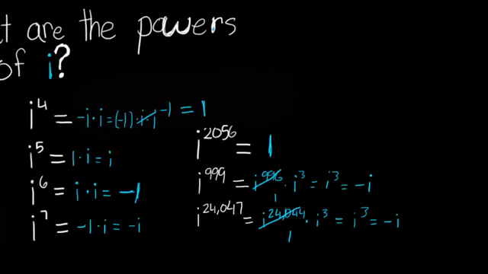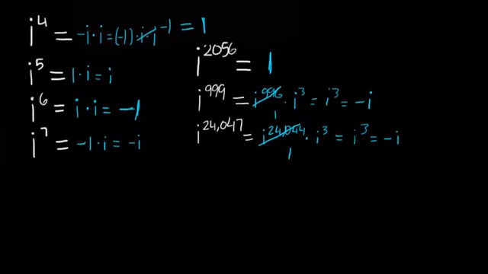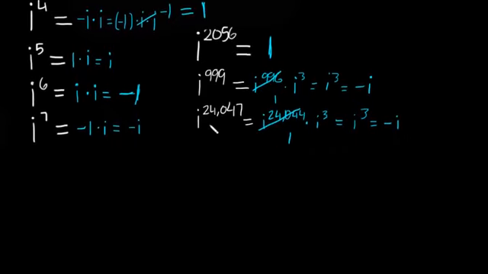Okay, I'll try to find you another example without having negative i. What if we had i to the 4,422 power? What would this be equivalent to? Let's use the same strategy we just did. This will be the last example.